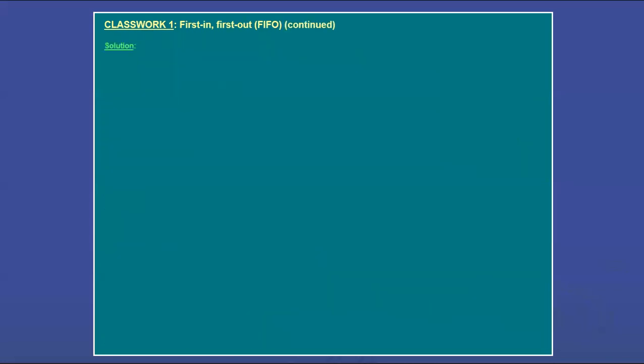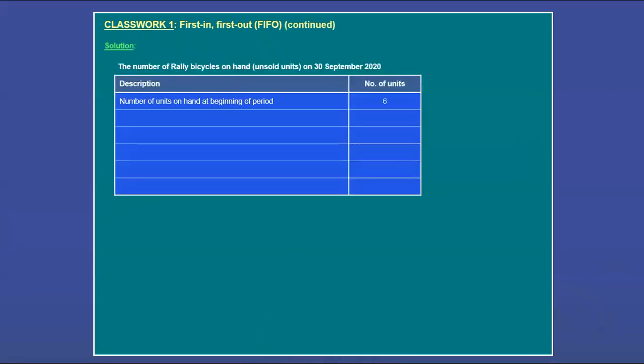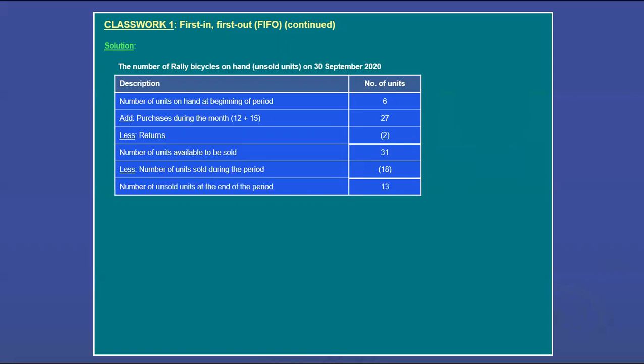Now let's look at the number of bicycles. How did we get to that? The number of bicycles on hand at the beginning of the year was 6. We purchased and we returned 2. So the number of bicycles available to be sold was 31, but we only sold 18, meaning that the closing balance was simply 13, all of which came from the last purchase of 15 bicycles.